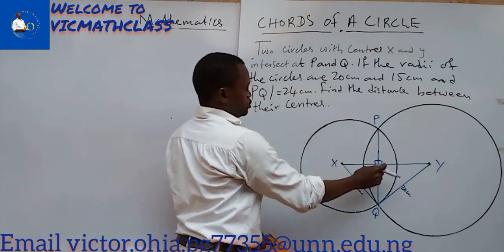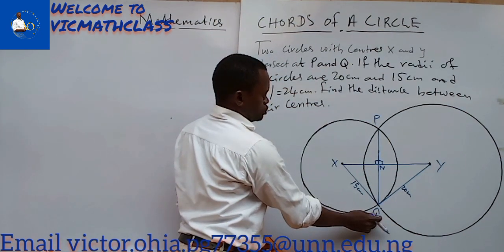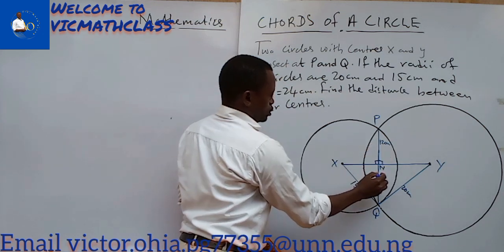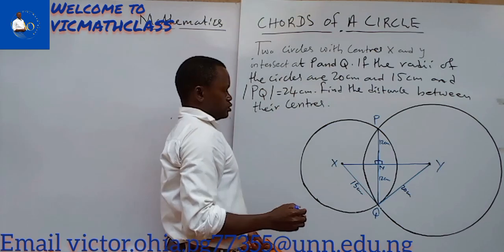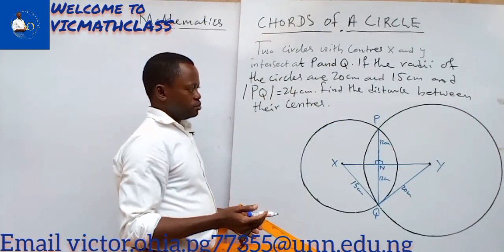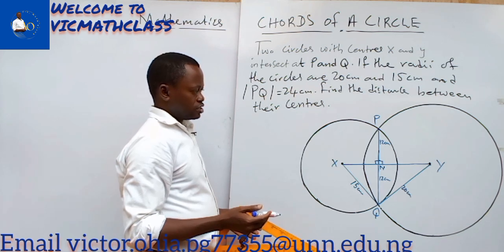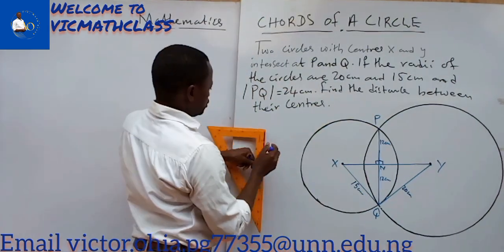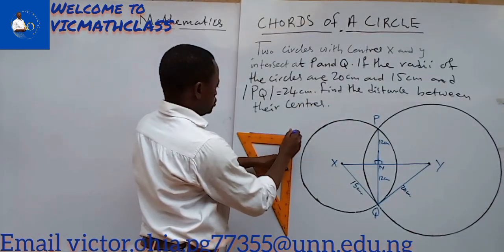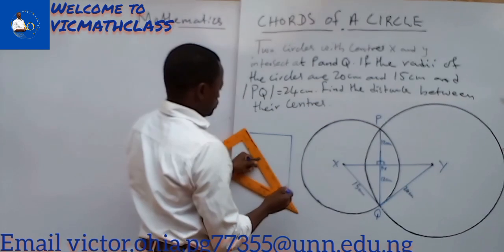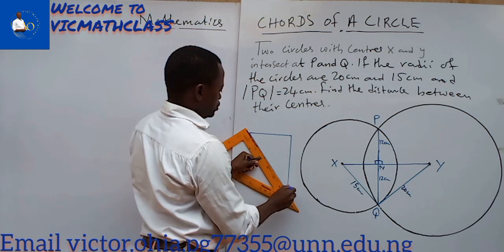Now they told us that PQ is 24 cm. That means I can call here 12 cm, here 12 cm. I'm sure you clearly saw that. Now, can it be possible for us to make an extraction? I can extract this part like this.